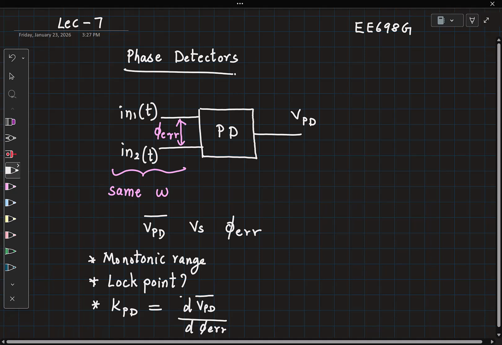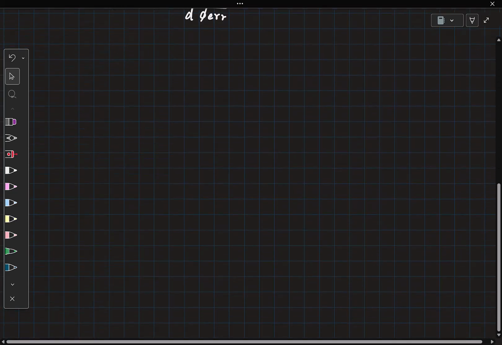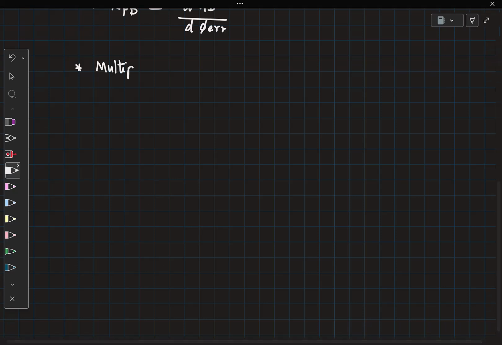And this is the same as the slope of the average VPD versus phase error plot. We have seen two types of phase detectors so far. One is the multiplier based PD, another is a sample and hold based PD, and then we were looking at the characteristic of an XOR based PD.